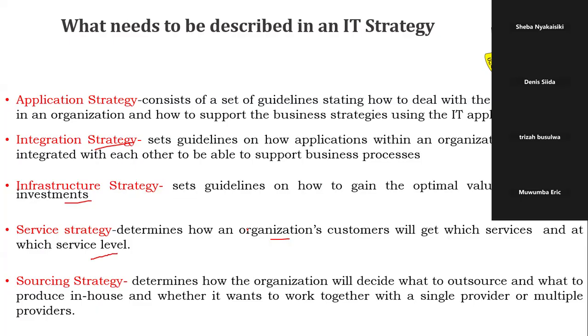The customers could be the employees and any other stakeholder. Then the sourcing strategy is where you determine anything that is not produced in-house, how shall we handle that? And if there's something produced in-house, how will that be handled?